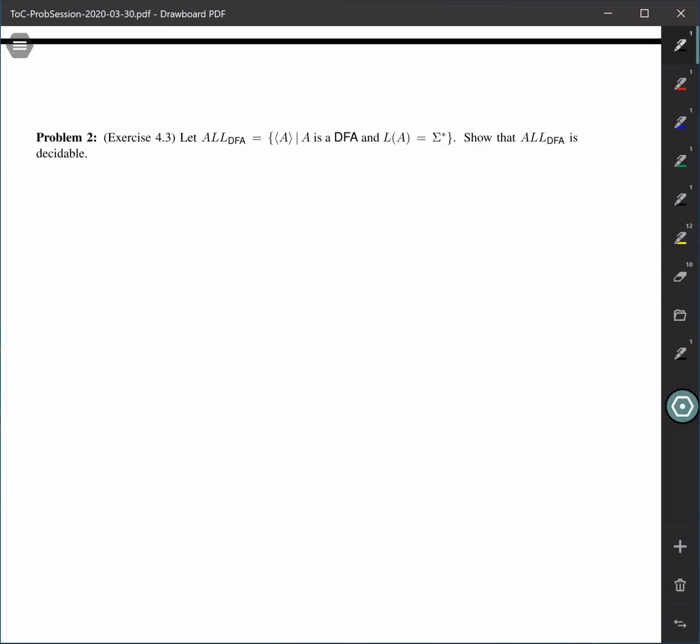It actually would be slightly more interesting if this were ALL sub NFA, but ALL sub DFA, I mean, if you think about what you would do looking at a picture of a DFA, you just need to make sure that every reachable state is a final state, is an accepting state.